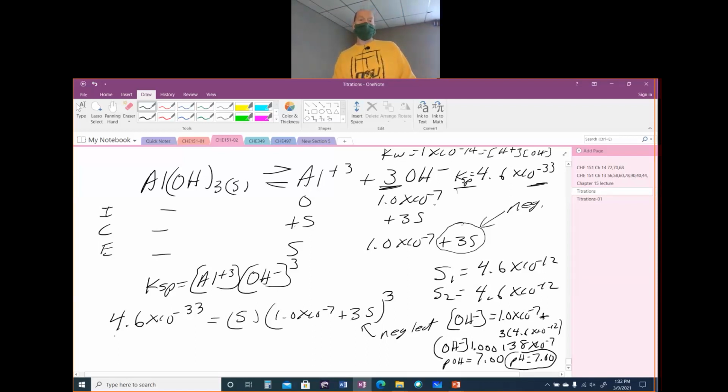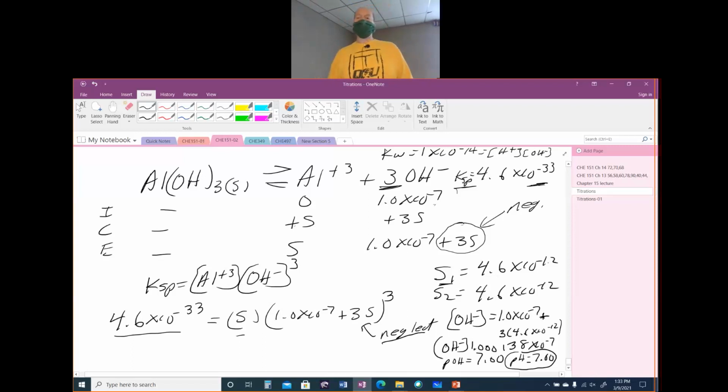So we plug in our numbers, KSP, 4.6 times 10 minus 33, aluminum plus 3, at equilibrium is S, and the OH minus is 1 times 10 to the minus 7 plus 3S. We are going to neglect our plus 3S because we know S is small because of this very small K value. So when you do that, you solve for S, S1, the first time we solve for it, 4.6 times 10 to the minus 12.